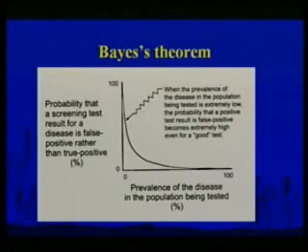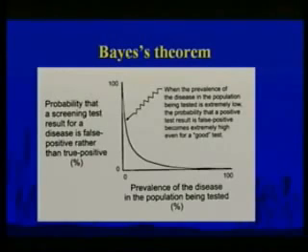Bayes' theorem, as applied to testing, states that the likelihood that a positive result is a false positive is a function of the pretest probability. We take this graph here. On the vertical axis, we have the likelihood that a positive screening test result is a false positive rather than a true positive, going from 0 to 100.